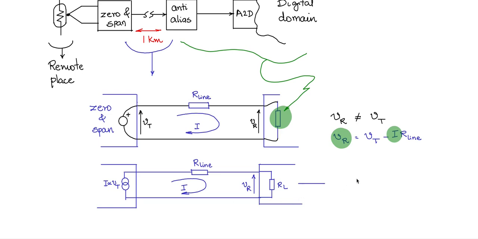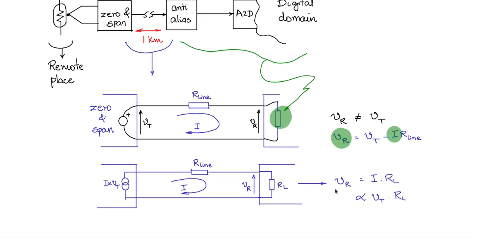Now what is Vr? Vr is nothing but this current which is being pumped in through RL, I into RL. I is proportional to Vt because we used a voltage to current converter at the transmission side. So I is proportional to Vt, and therefore Vr is proportional to Vt into RL.